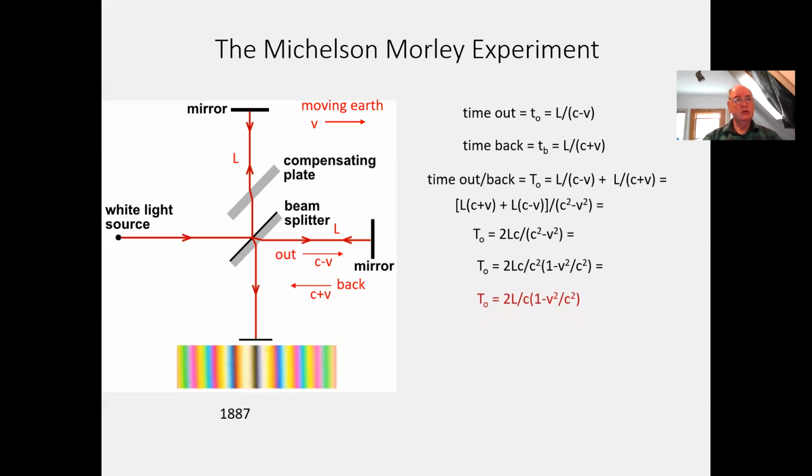And this is the traditional way in which that quantity is written. A numerator of 2L and a denominator of c times 1 minus v squared over c squared. It's very interesting, and if you've read any special relativity, you very much recognize this quantity. So that's the time out and back.